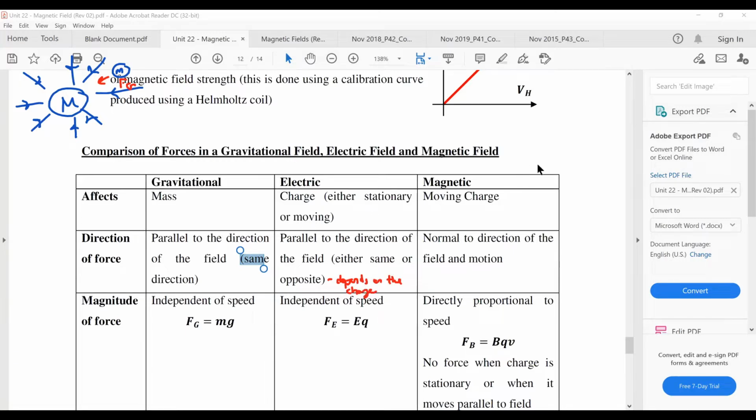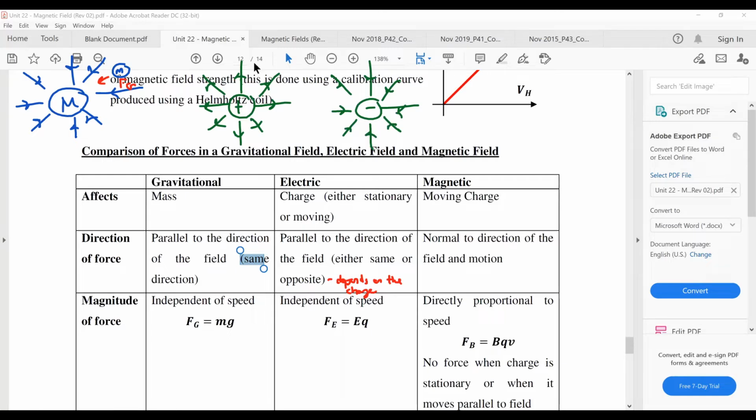What do I mean by that? If you have a positive charge whose field lines are all going out, and a negative charge whose field lines are all going in.